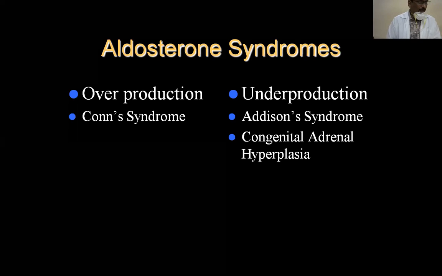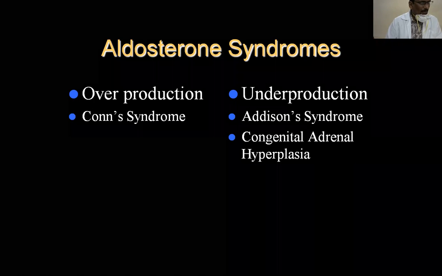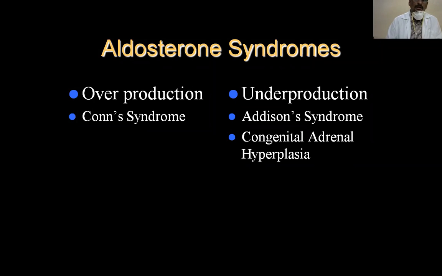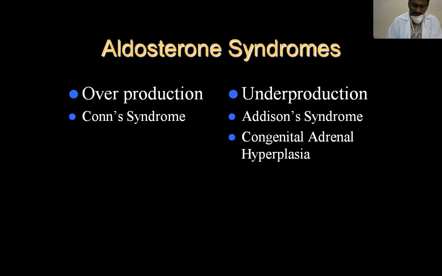They are all released from the zona glomerulosa, and as I said, they bring about the action by binding to the cytosolic type 1 corticoid receptors, and this hormone receptor complex moves inside where it brings about protein synthesis by producing more mRNAs, which code for the sodium potassium pump.